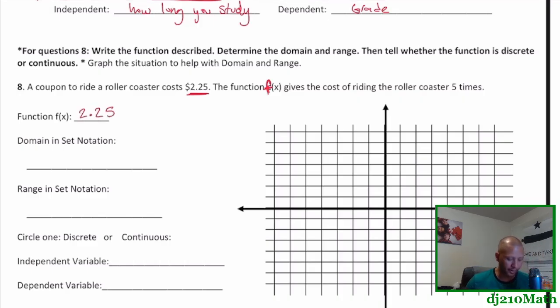Now, you got to remember, it's 2.25 times x, x being the number of rides, or the number of tickets for riding the roller coaster 5 times.